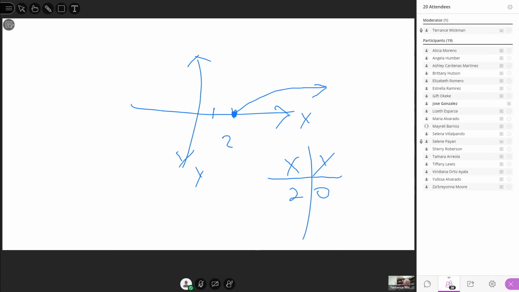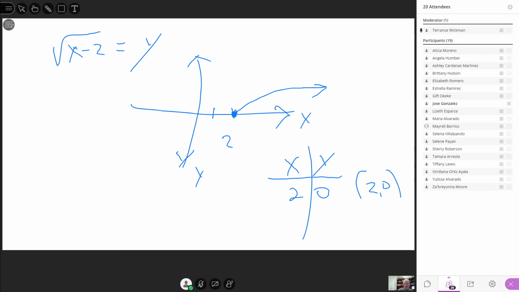Are we okay with that? Yes. The equation that they gave you in 18 was the square root of x minus 2. So if you put 2 in the equation, you're going to get your y. Are we okay with that?